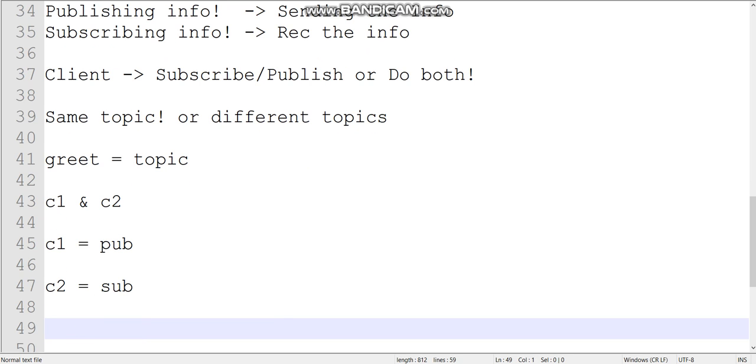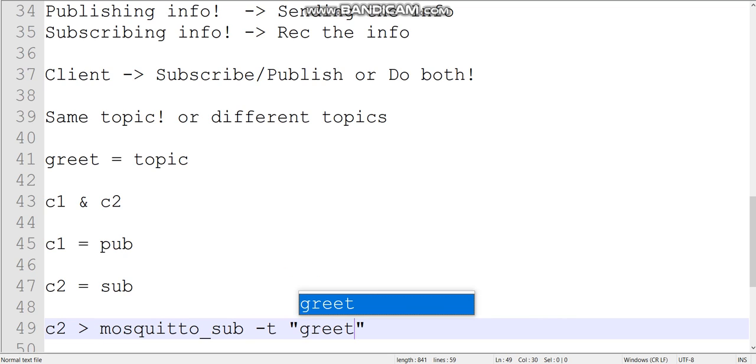So if I send a message on a topic that is greet, suppose I use mosquitto. C2 is subscribing: mosquitto_sub -t greet, where the topic name is greet.